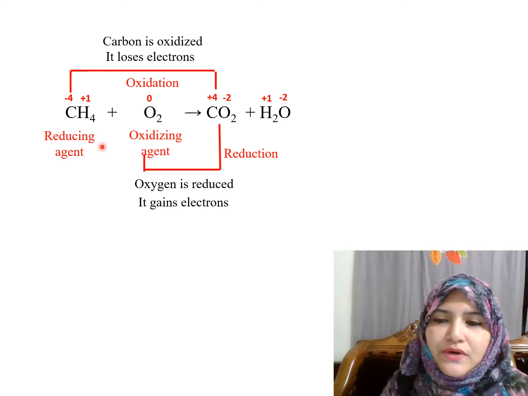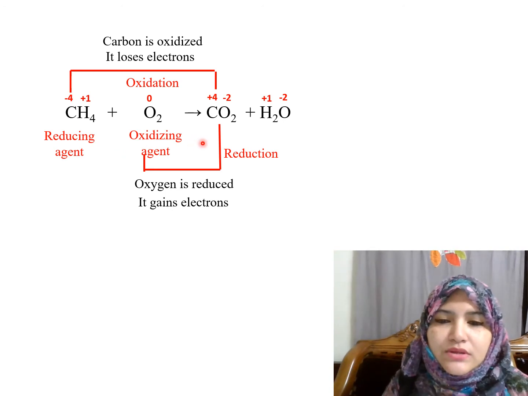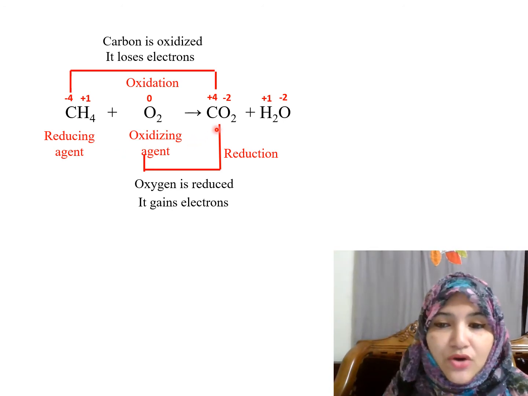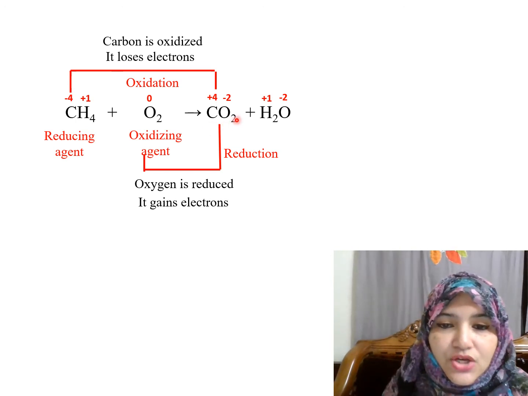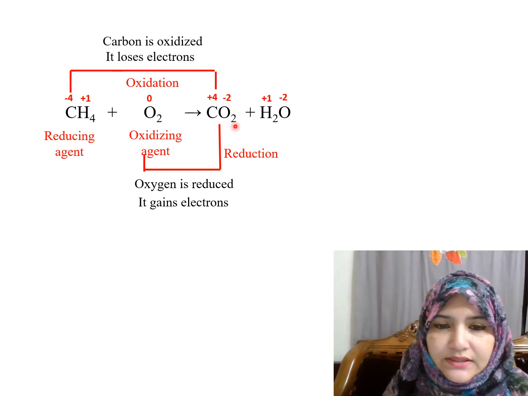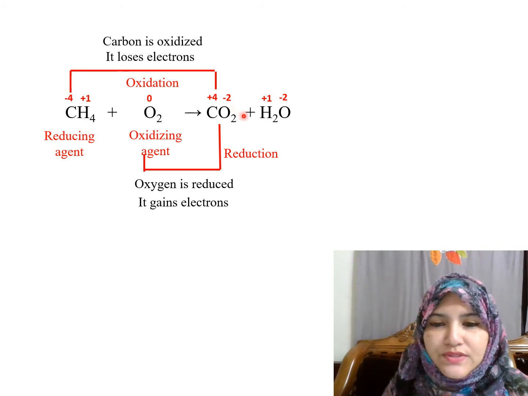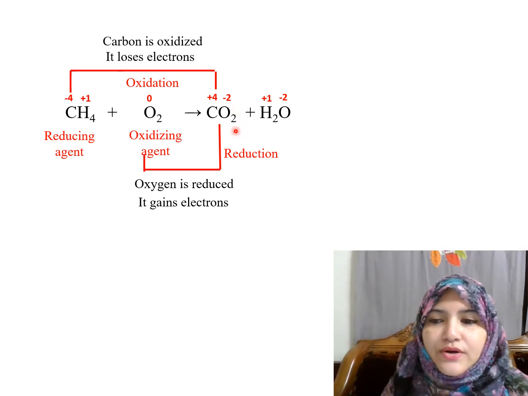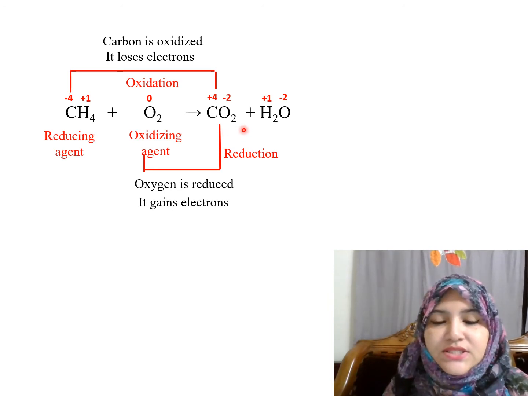When oxygen is found in a compound, the oxidation state is usually -2 in oxides, and carbon dioxide is an oxide. Here it is used as -2 oxidation state, except when it is bonded to fluorine or in peroxides or superoxides, where the oxidation state of oxygen is different.